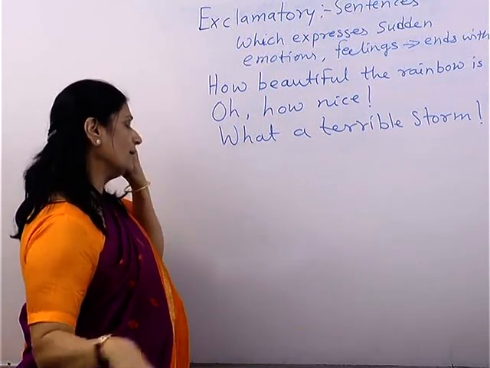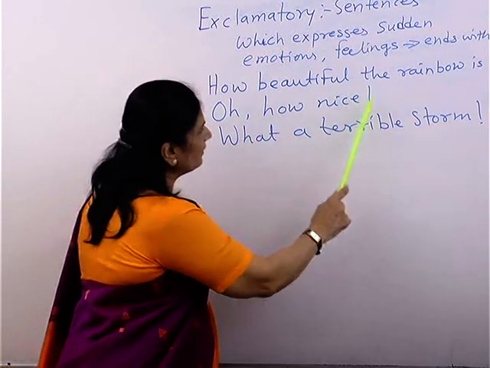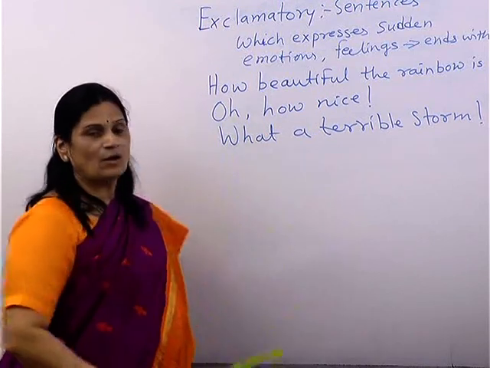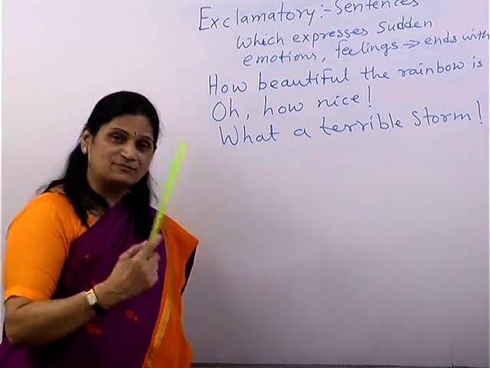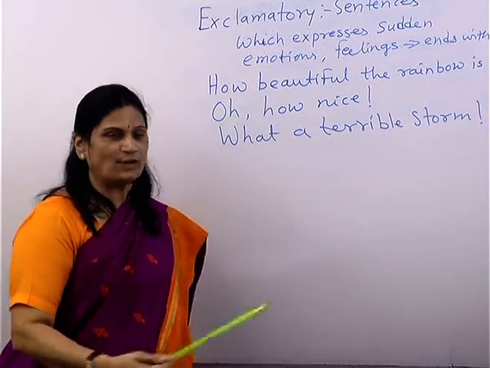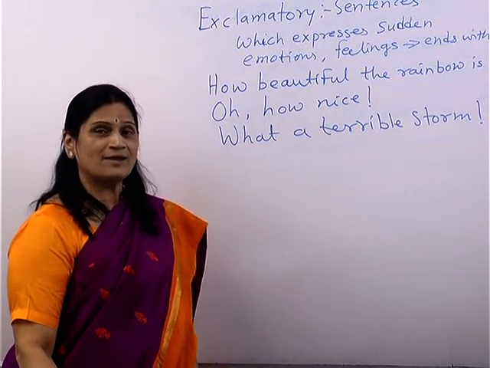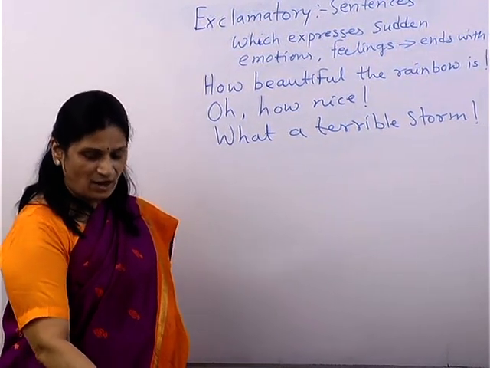Now you ask me, teacher, here you have written comma and then ended with exclamation. Yes, do you write this way? Oh, an exclamation, and how nice? No. So after doing this type of exclamatory, whatever you get, at the end it comes, oh, how nice. So you followed? Did you understand all these patterns?